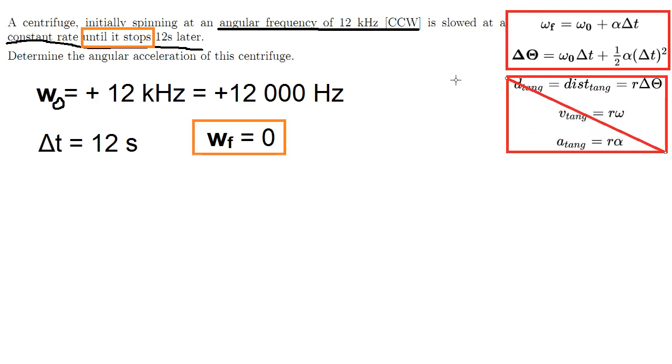And this leaves us with a choice. At the end of the day, we have final angular velocity and initial angular velocity. We don't really know much about how far it has been displaced angularly. So what that means is we're going to want this one at the top because it relates the quantities we're given and it has alpha, the angular acceleration, present in it.